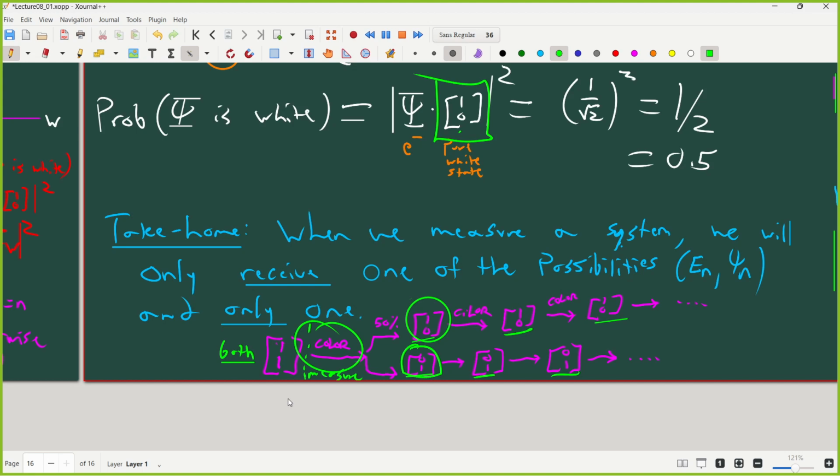All right, we can get all of the information we need about what's going to happen in our experiment from this wave function. It might not be a physical representation of the actual physical object in front of you, or a well-defined one at least, but it will give you all of the information you need to figure out what happens when you do your experiment.